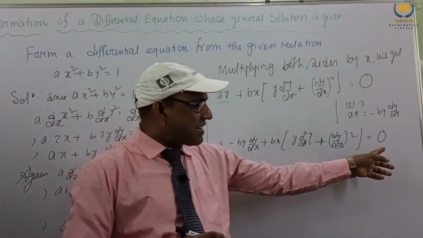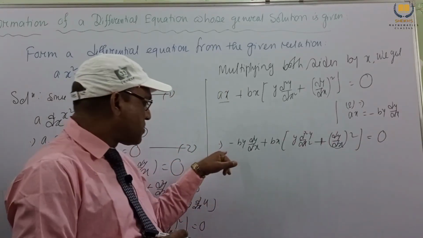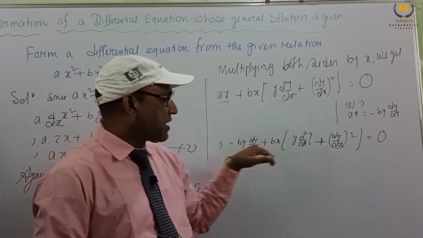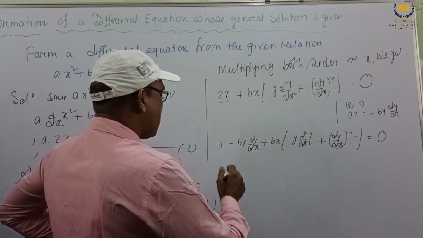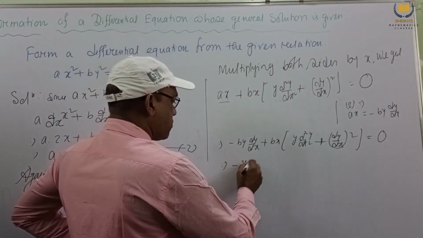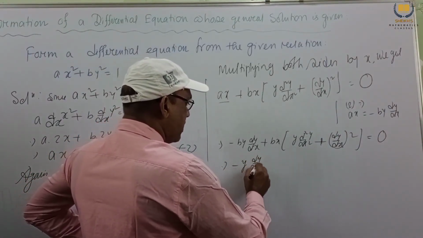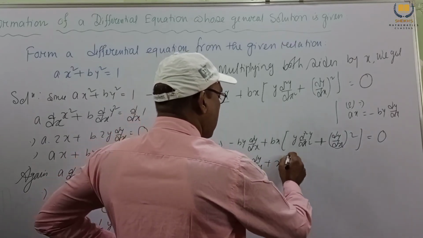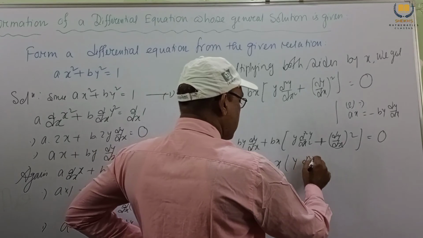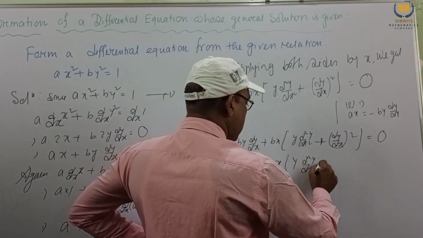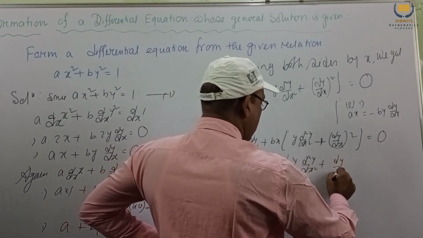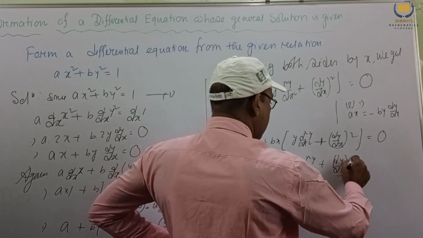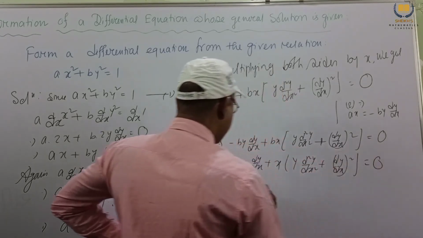Now the right side is 0, so we divide both sides by b, and this b cancels. Dividing both sides by b, we get minus y dy dx plus x times y d square y dx square plus dy dx whole square equal to 0.